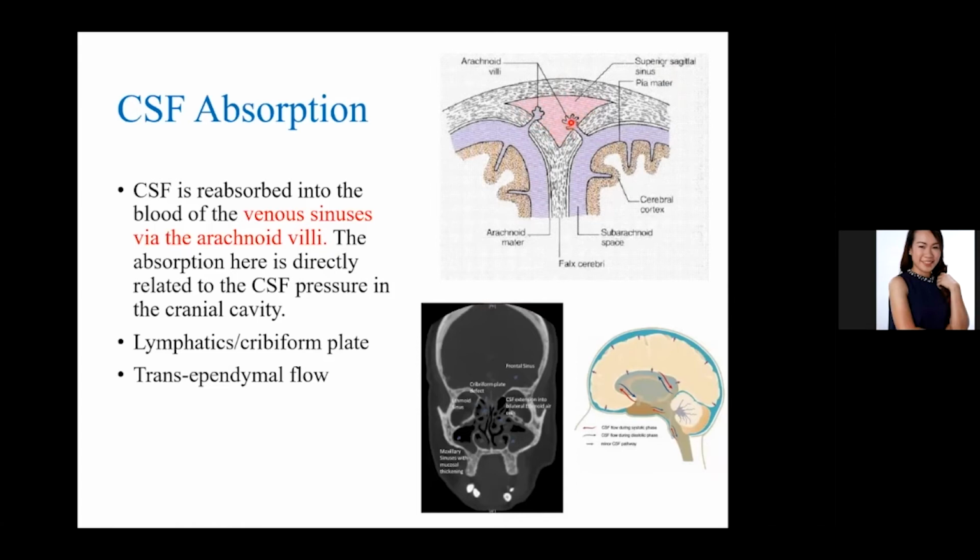When we say clumps of arachnoid villi, we call them arachnoid granulations. These are your arachnoid granulations. So what is the superior sagittal sinus? We have to understand this. The superior sagittal sinus is an unpaired area along the attached margin of the falx cerebri. We have here the falx cerebri.